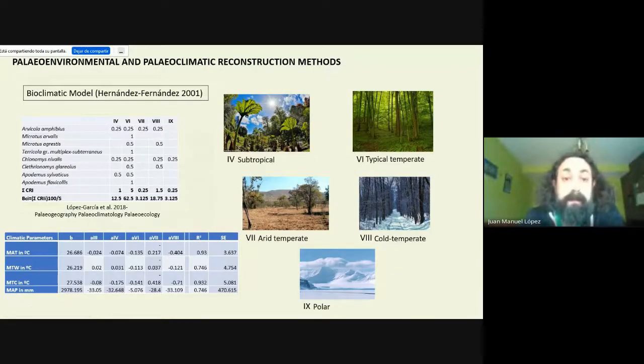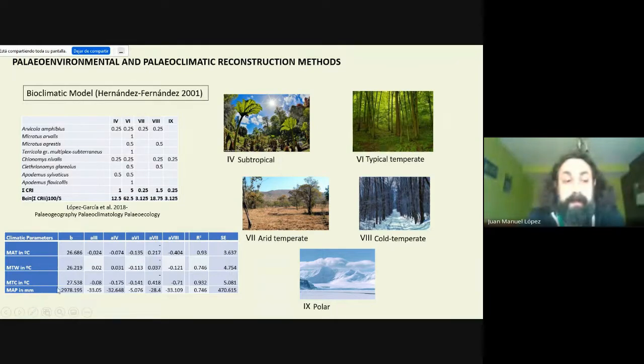Another method that we normally use to make this kind of interpretation is the bioclimatic model. It is more or less the same idea as the habitat weighting, but the repartition is not in habitats, it is in types of climate. So it's another example with species divided in different types of climates, like subtropical, typical temperate, arid temperate, cold temperate, or polar.